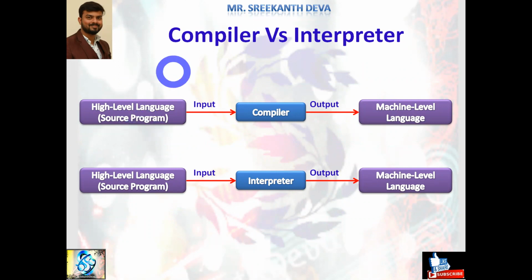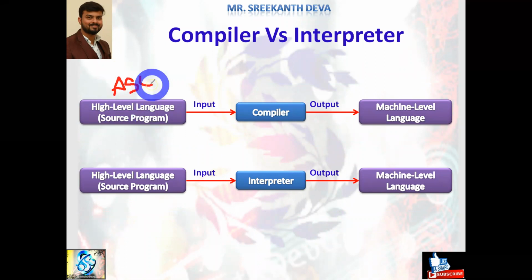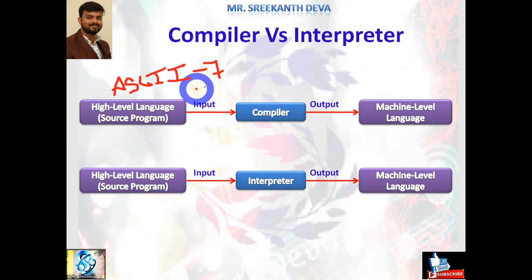If you go through the C and C++ programming languages, in the previous video session I explained the ASCII standard code, American Standard Code for Information Interchange. This ASCII code supports ASCII 7 and ASCII 8.